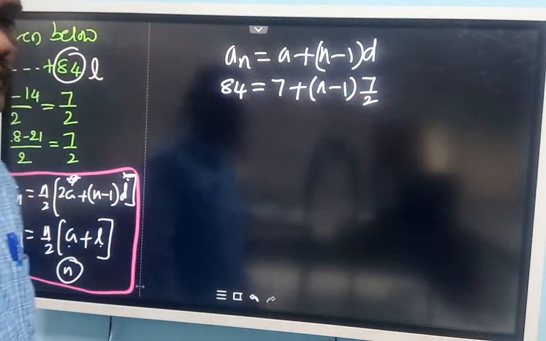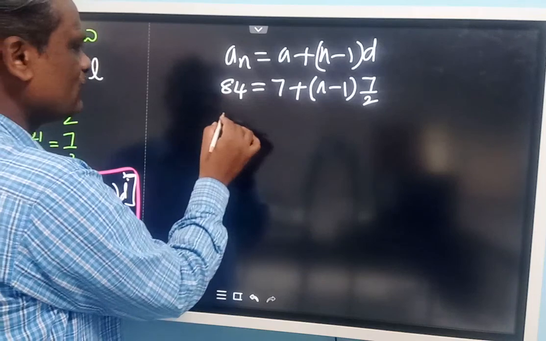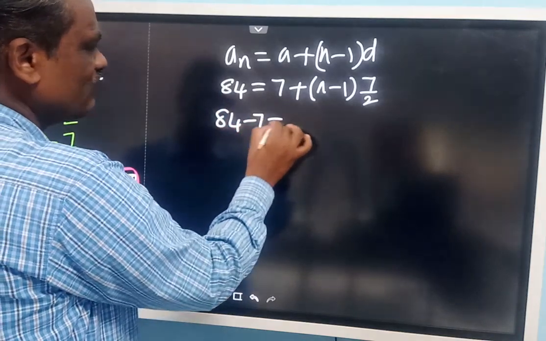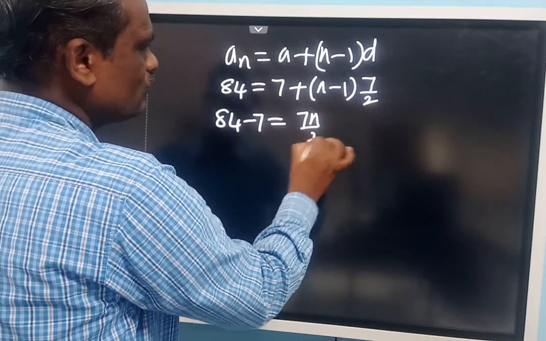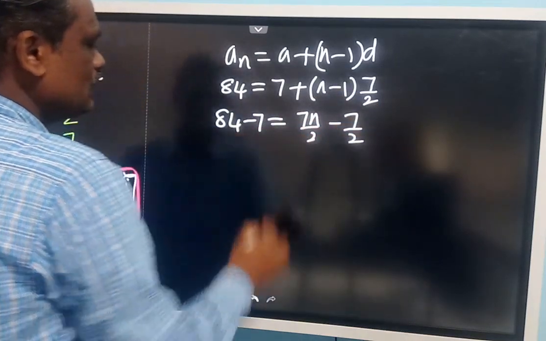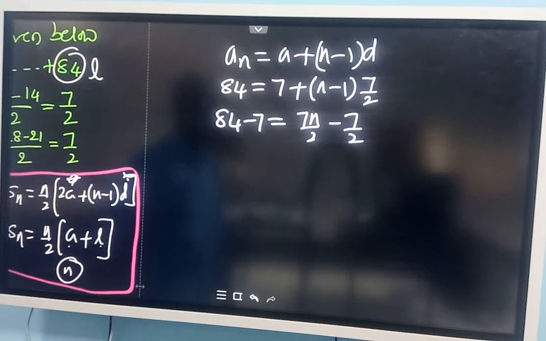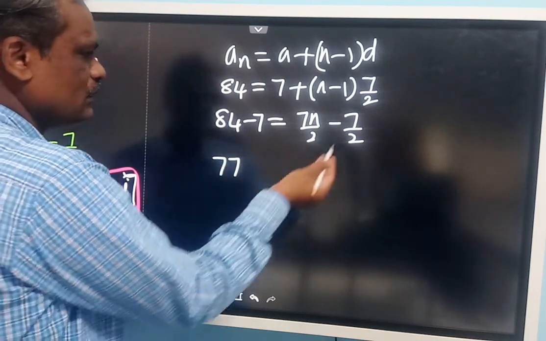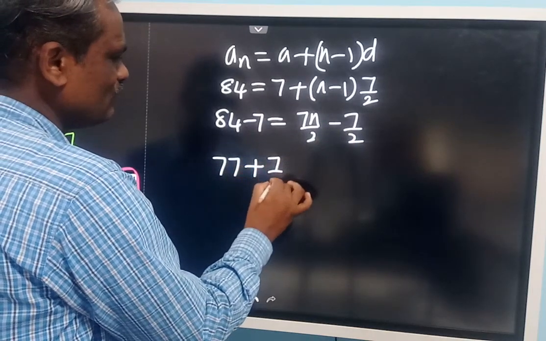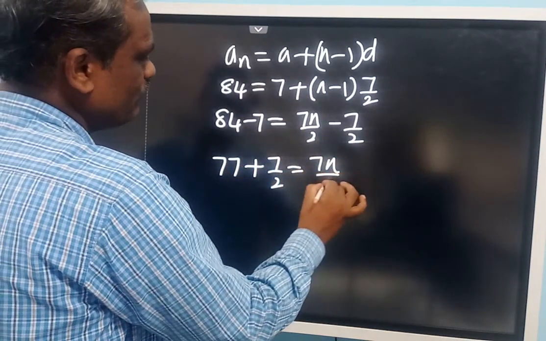So we calculated common difference as 7 by 2. So 7 you can transfer: 84 minus 7 is equal to 7n by 2 minus 7 by 2. 84 minus 7, it is 77. Then minus 7 by 2 will become plus 7 by 2 is equal to 7n divided by 2.